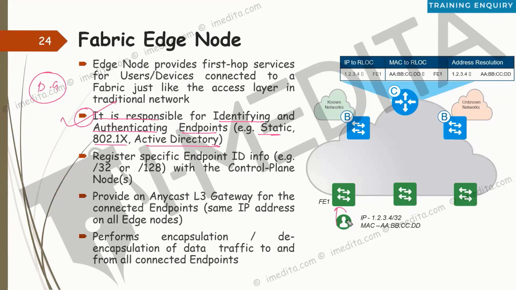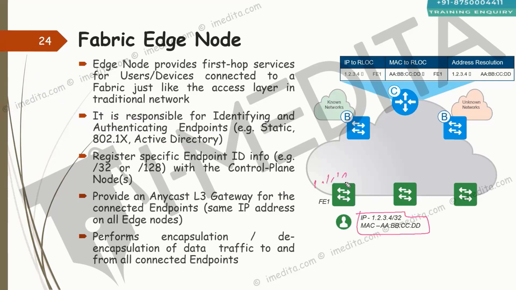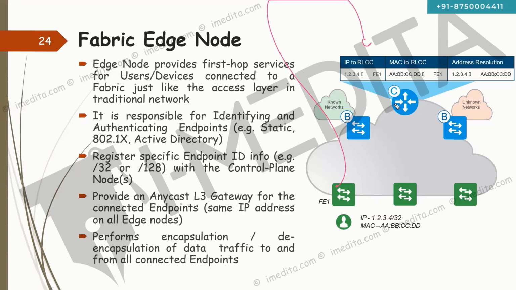It is going to register the information that a particular endpoint, IP and MAC address, is connected on me. This information it is going to register onto a device called the control plane node. Control plane node will have the IP to RLOC and MAC to RLOC mapping, based on which it will be able to know where this IP and MAC address are.